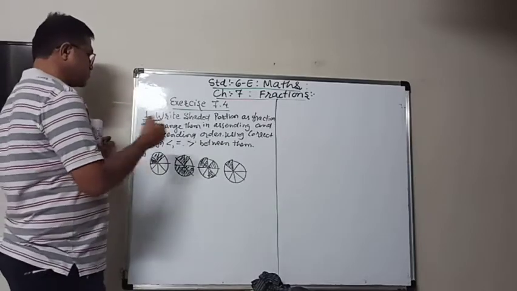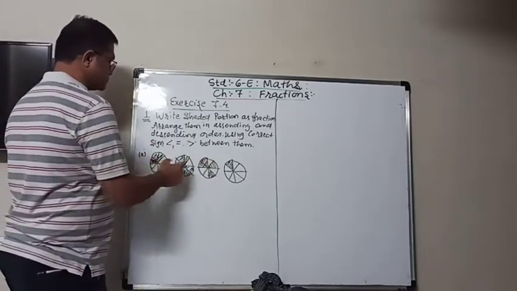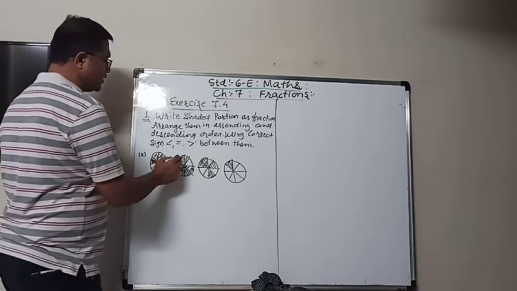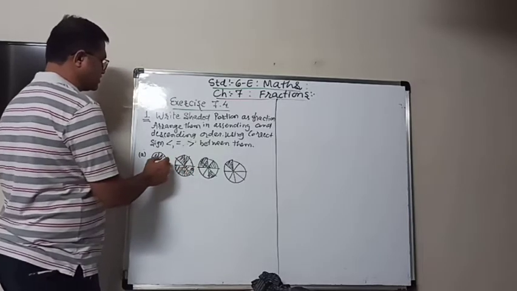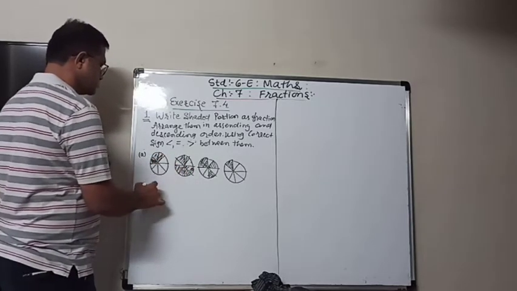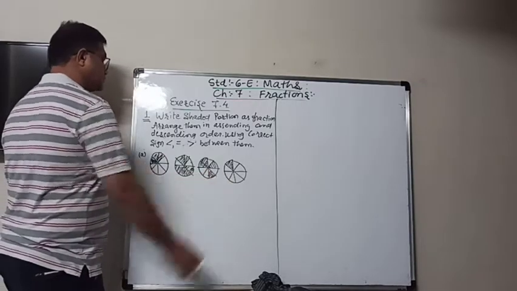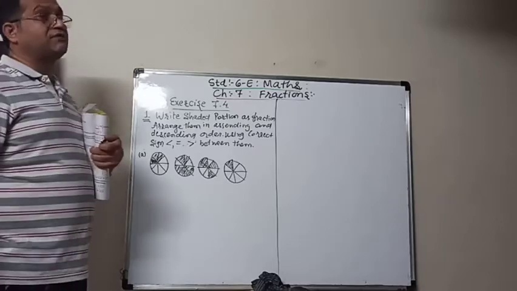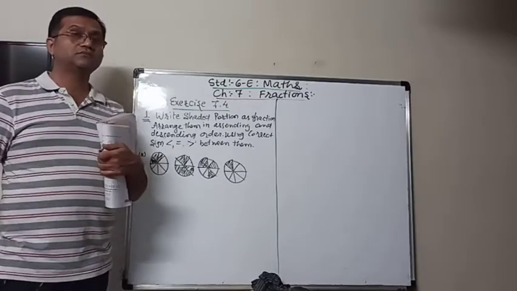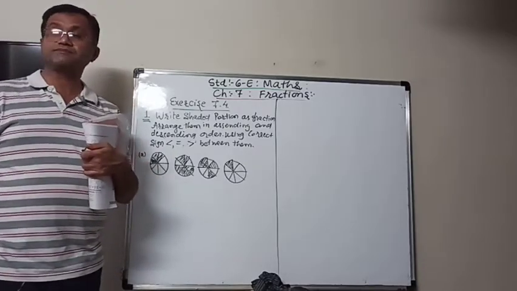So here first you can see that in all of them the circle is divided into 1, 2, 3, 4, 5, 6, 7, 8 equal parts. So here, all four, we will write down first as a fraction.